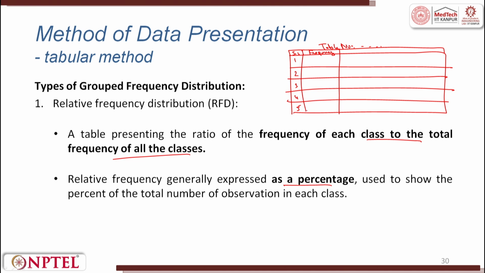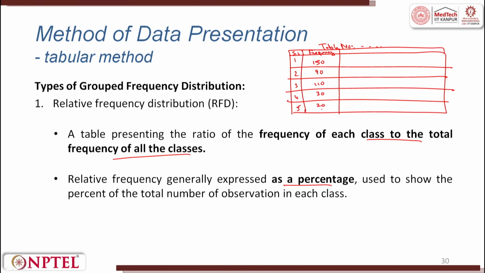Suppose I have taken some readings: number 1 is coming 150 times, number 2 is coming 90 times, number 3 is coming 110 times, this is coming 30 times, this is coming 20 times. So this becomes my frequency distribution.